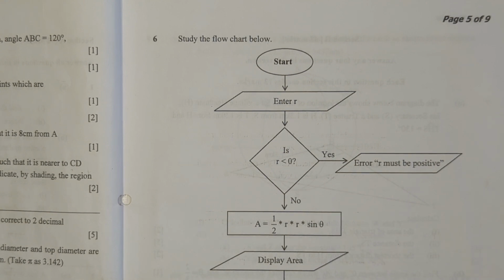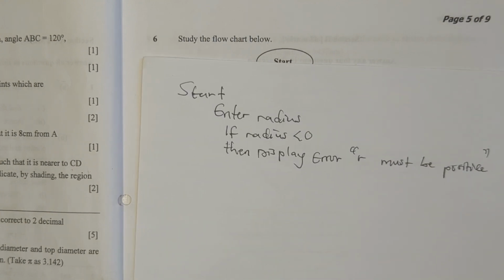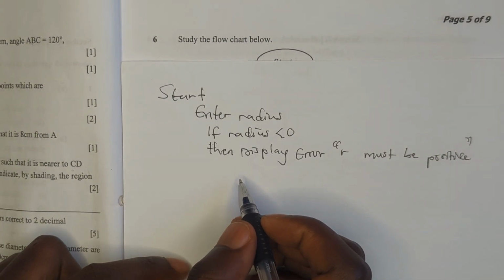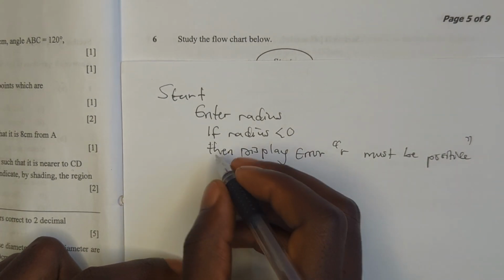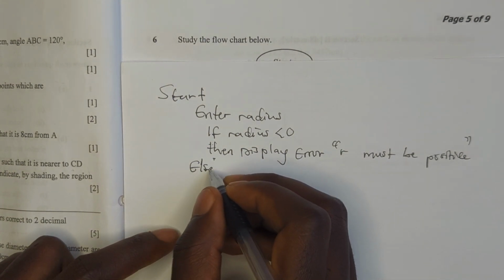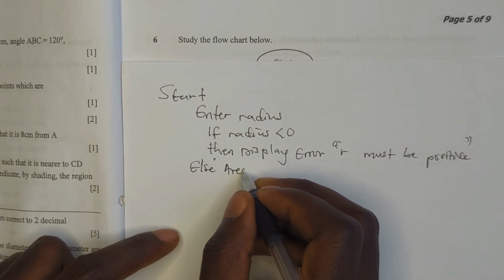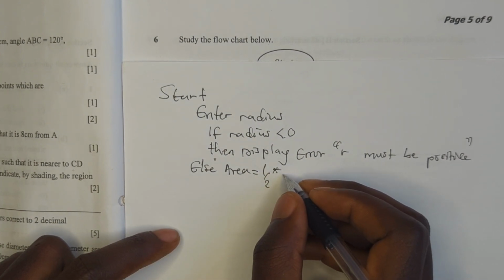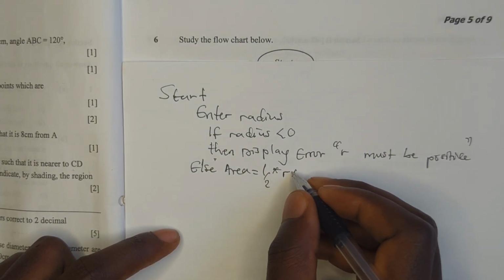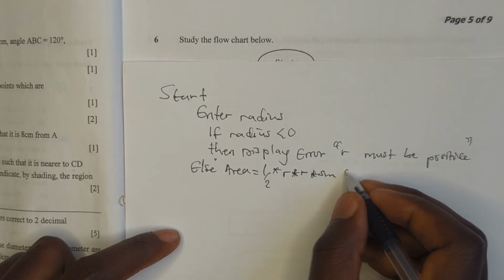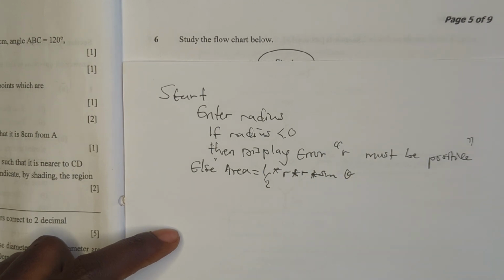So in our pseudocode we write else, area is equal to half multiplied by R, which is the radius, multiplied by another R multiplied by sine theta.